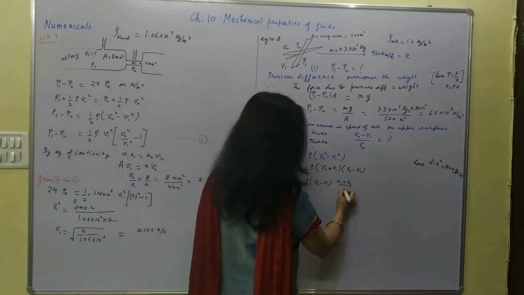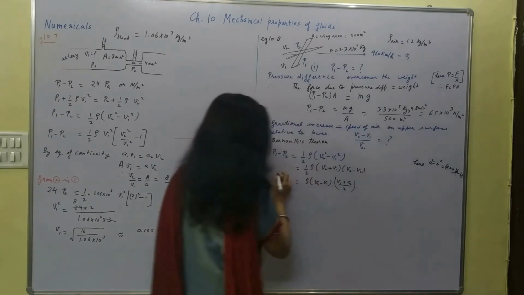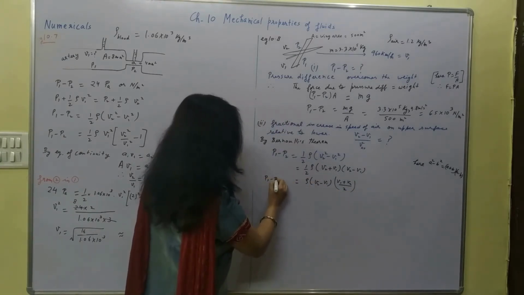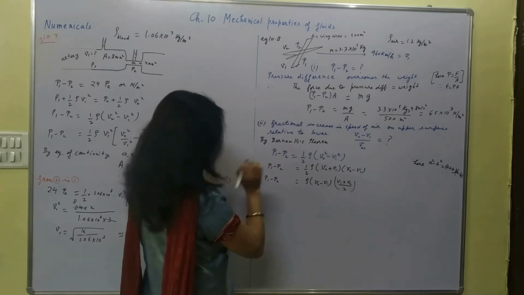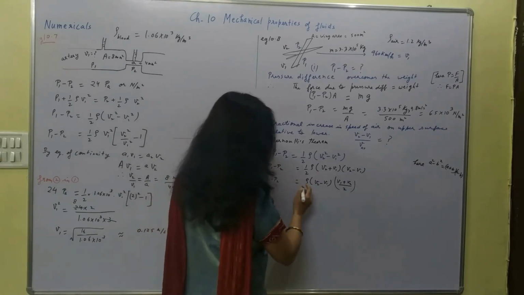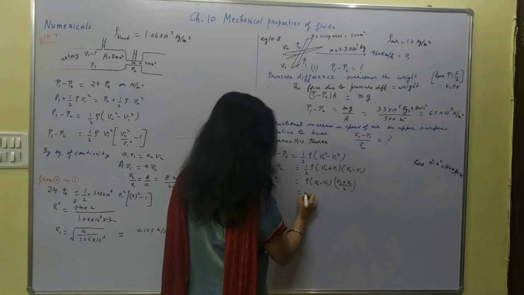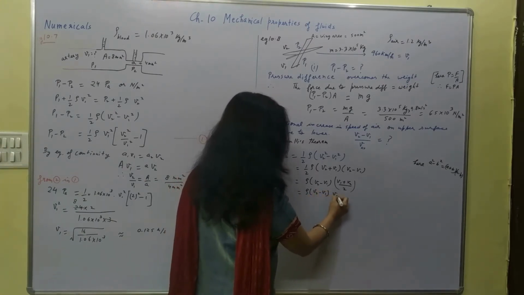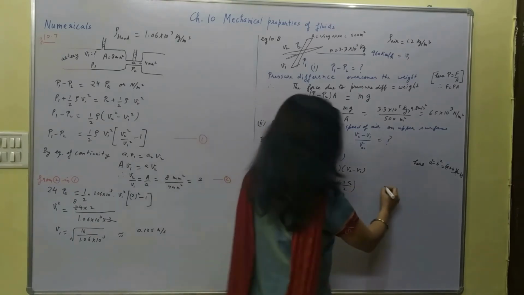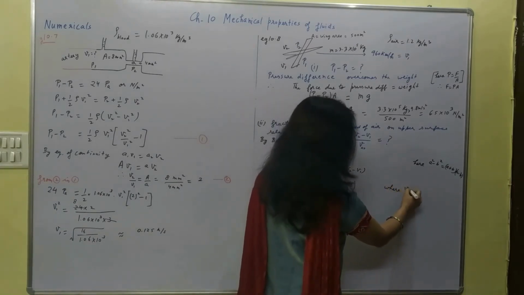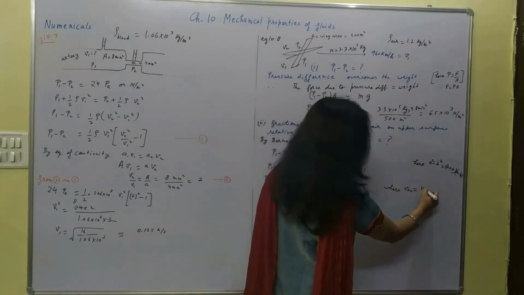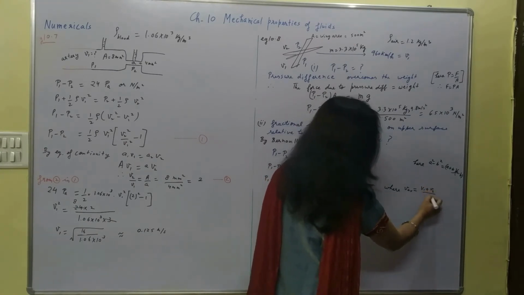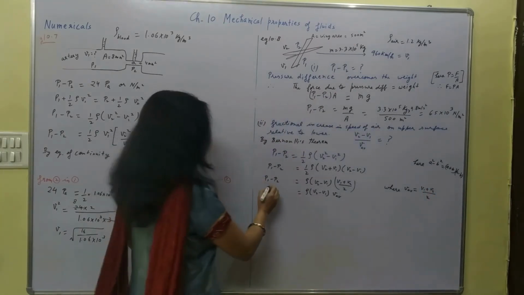This can be replaced by V average. We have already calculated this pressure difference, so we can put that value also. So P1 minus P2 is equal to rho (V2 minus V1) into V average, where V average is equal to (V1 plus V2) upon 2, right?